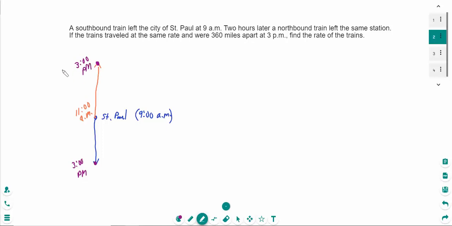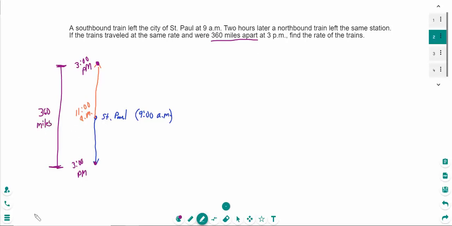Okay, so at 3 o'clock p.m., their distance apart would be from here all the way down to here, right? That distance is 360 miles apart. So that distance is 360 miles.